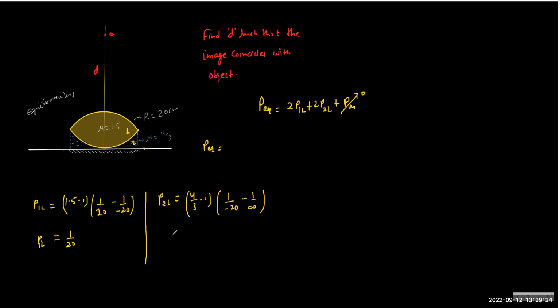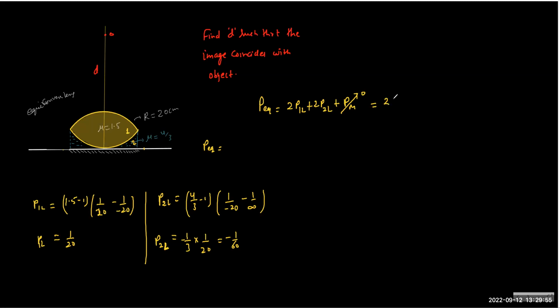Sir, in the second part, try 1 upon minus 20. So 1 by 20 we got, and for P2L we are getting 1 by 60 minus 1 by 60, right? That I understood, the 1 by minus 20. What you're saying, I don't know.